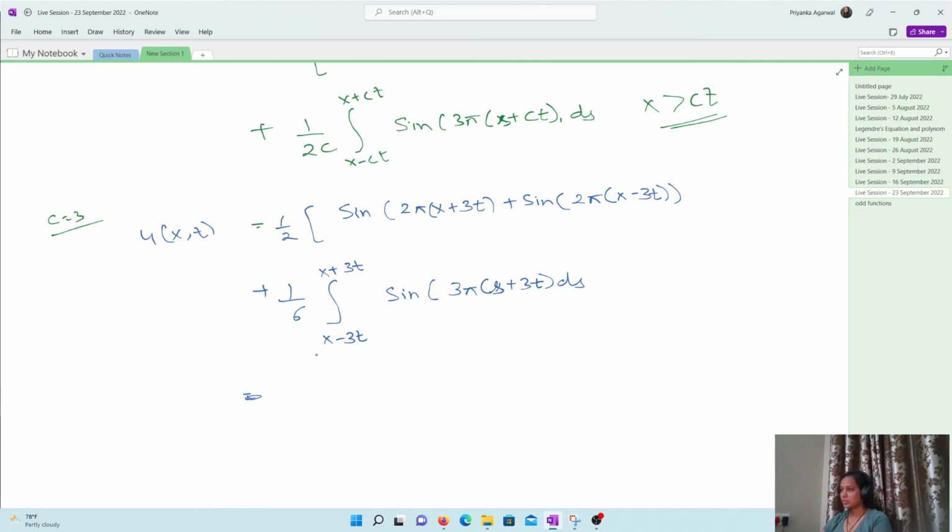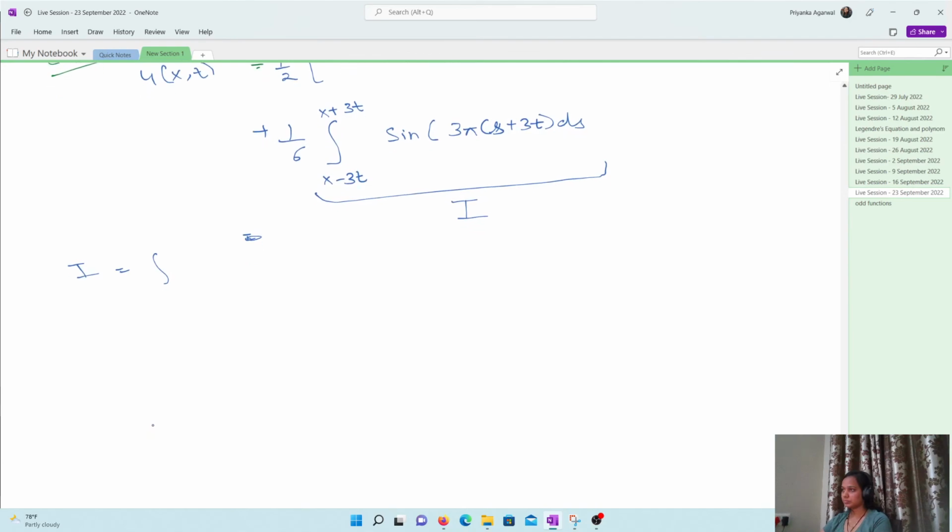Okay. Now let us call this integration as I. So if we look at I, what is it? It is the integral from x − 3t to x + 3t of sin 3πs ds.